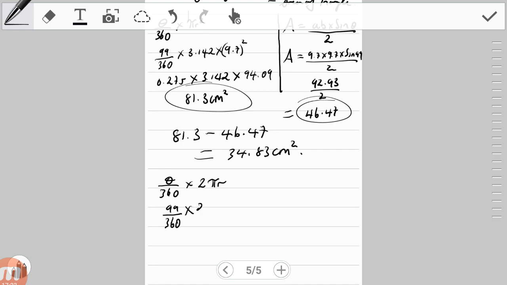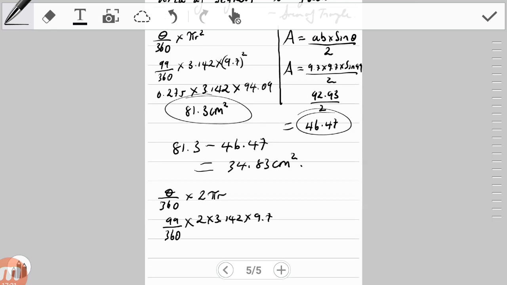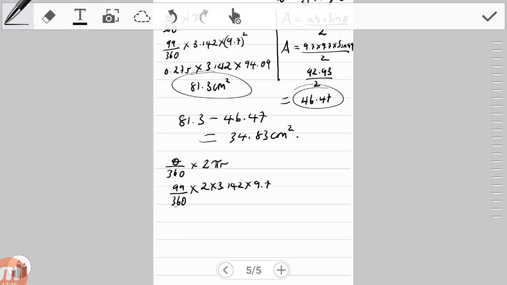This time we're going to be multiplying it by 2 times 3.142 times r, which is 9.7. We had earlier calculated 99 divided by 360, so we already know that this is 0.275, multiplied now by 2 times 3.142 times 9.7.